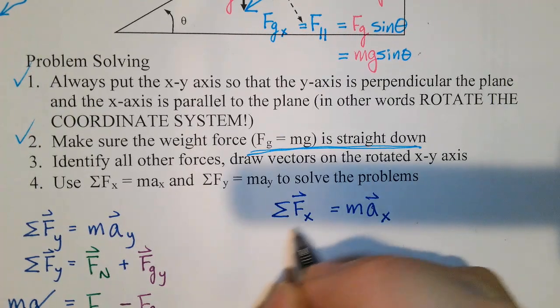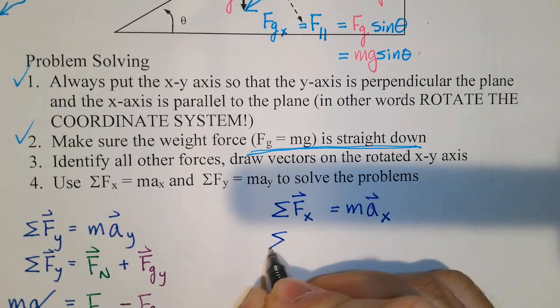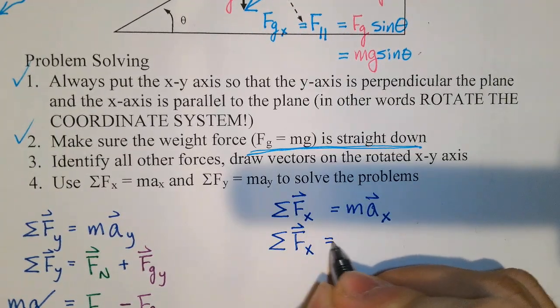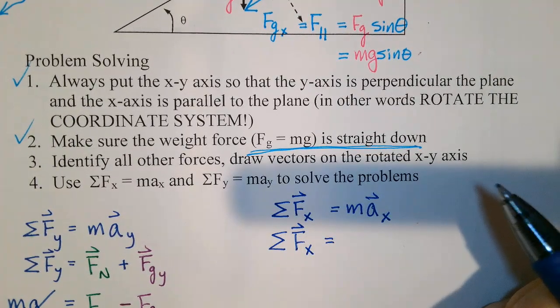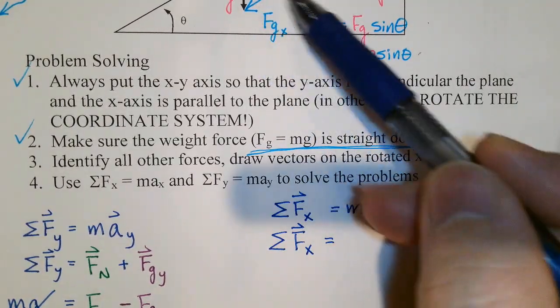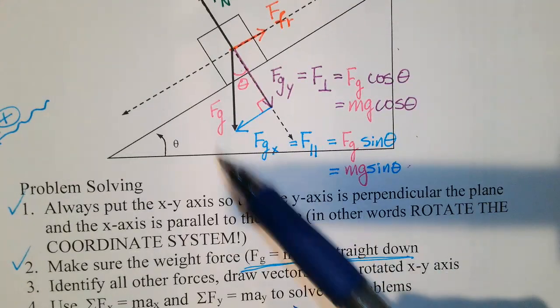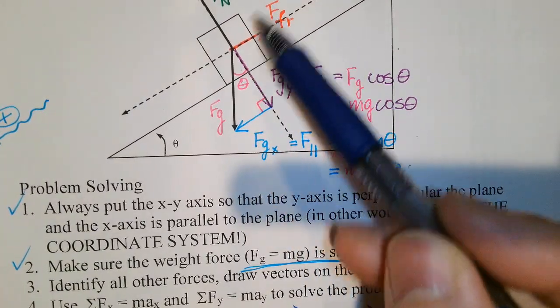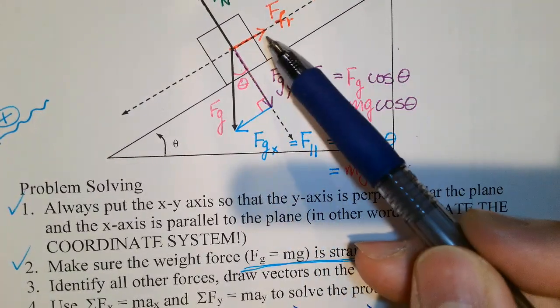And the sum of all forces in the x direction is equal to, well, I see in the x direction, FGX is one of my forces acting along the x-axis. And I see friction acting along the x-axis.